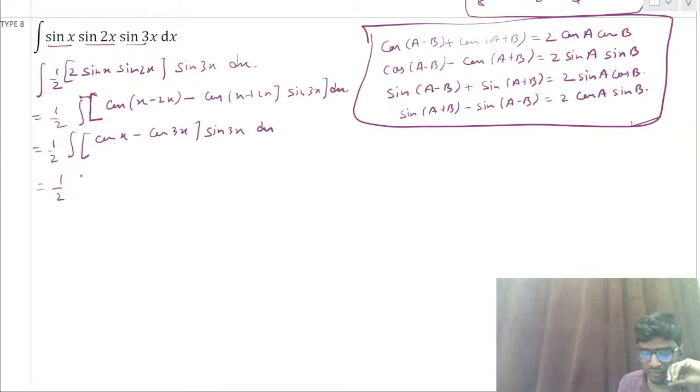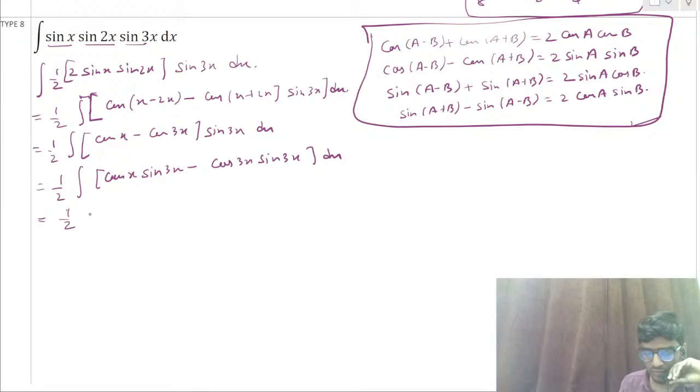Again, 1 upon 2 integration of cos x sin 3x minus cos 3x sin 3x dx.